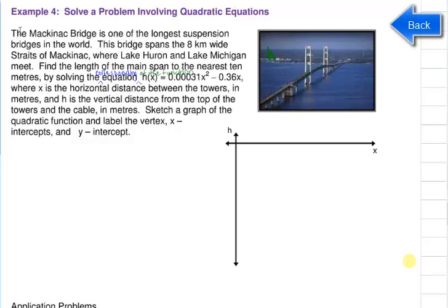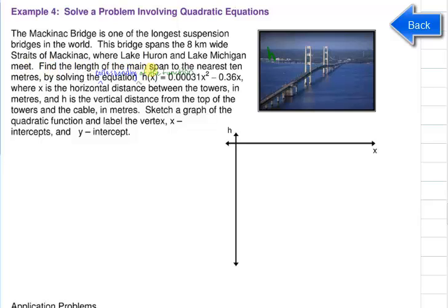Our last example, example 4. Solve a problem involving quadratic equations. The Mackinac Bridge is one of the longest suspension bridges in the world. This bridge spans the 8-kilometer wide Straits of Mackinac, where Lake Huron and Lake Michigan meet.